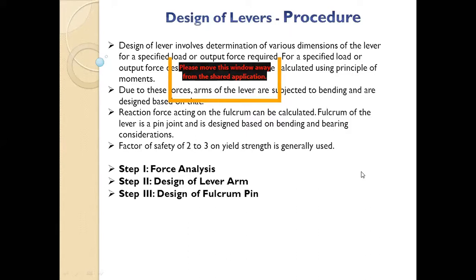That reactive force, or reaction force, can make the fulcrum pin fail. So to design the fulcrum pin, you need to know R, that reactive force. To know R, we need to know the load and effort and where they are located. Depending on that, we can find the reaction. If it is a straight, single-line lever, then the addition of the effort and load will be your reaction.